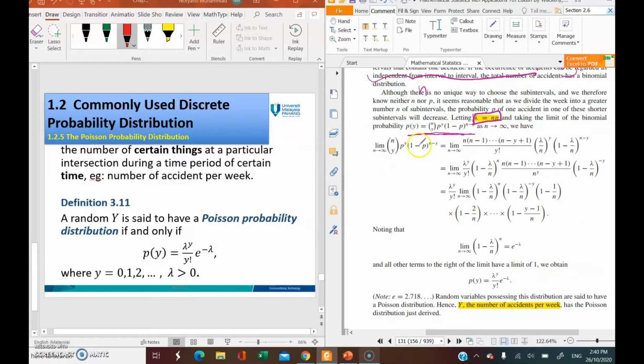So here we have the limit on the left and on the right: this is the probability and this is the binomial. We give the limit n goes to infinity, and on the other side as well we break the bracket, so we will have this. And p becomes lambda over n, because from here lambda equals np.